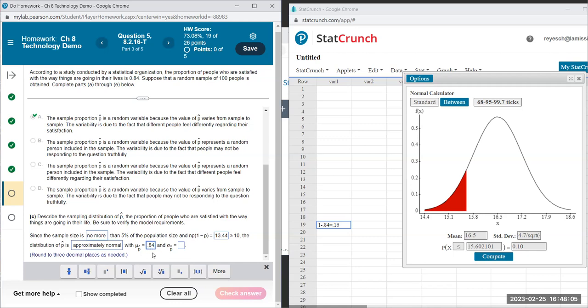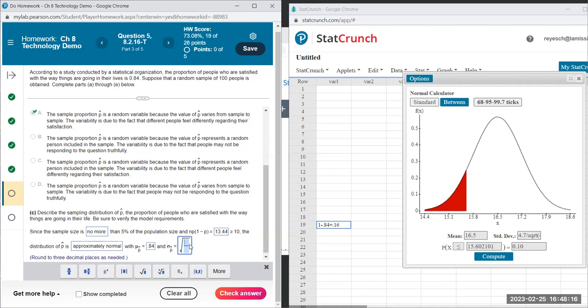that they're satisfied. The standard deviation, we'll have to apply that formula that says it's the square root of P times 1 minus P, over the sample size N. I'll put the formula on paper.